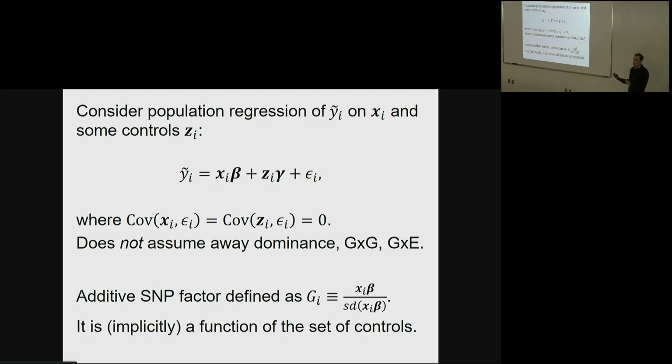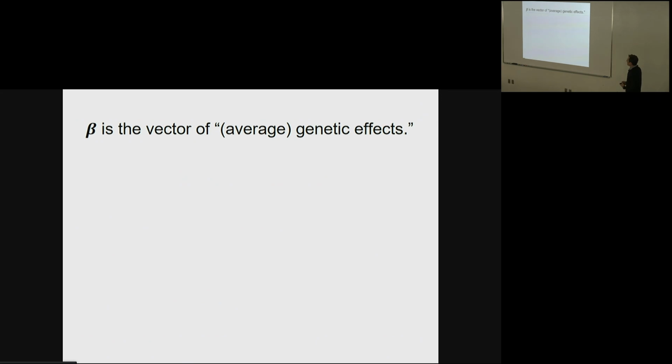And if we don't have exogenous variation, then this is not in general going to be a causal effect. But it also matters in other ways, whether we control for sex or don't control for sex, or control for principal components or don't. In the GWAS, that's going to affect this additive SNP factor that we're talking about. So that's going to matter for the interpretation of the additive SNP factor, and then downstream for the PGI, which I'll get to in a moment.